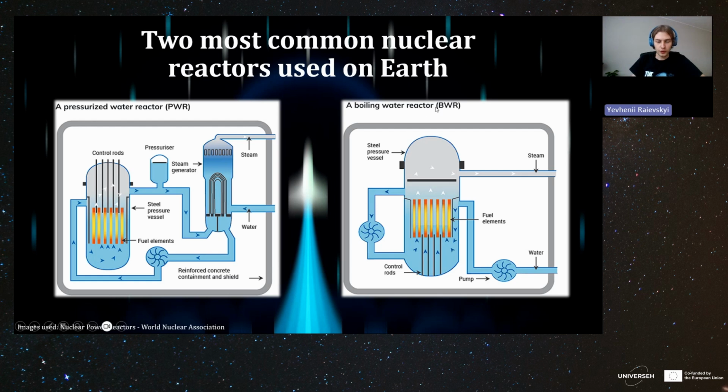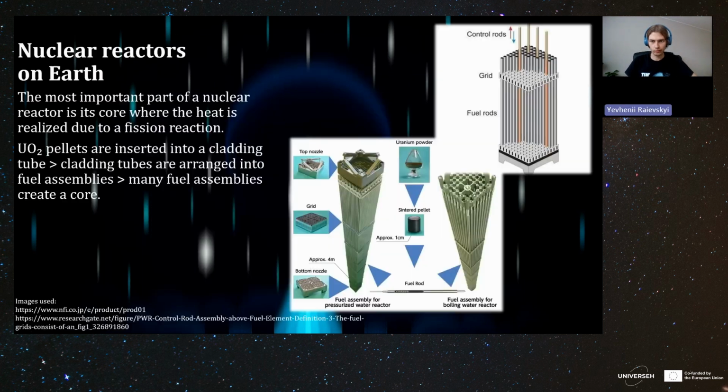While in a boiling water reactor, the steam and water exist in the same circuit, in a pressurized water reactor, they exist in two separate circuits. So you need the reactor core, coolant, moderator, and of course control rods.